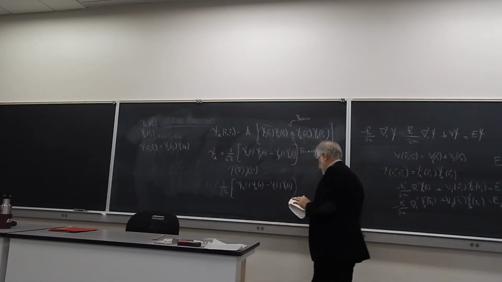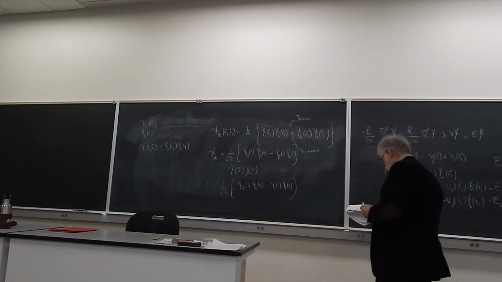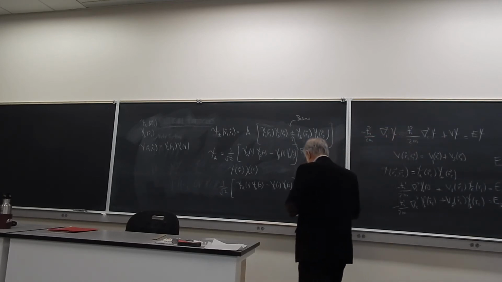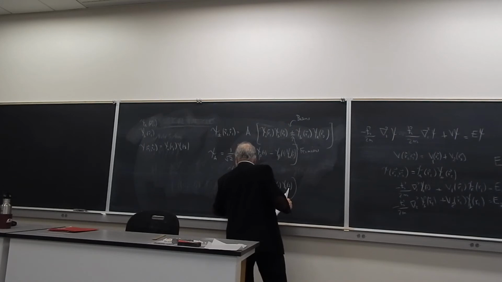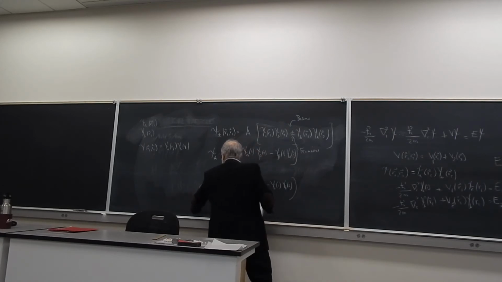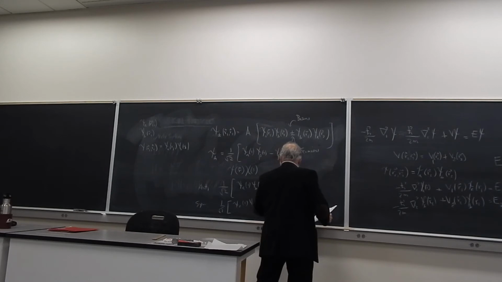Okay, so that's my antisymmetric space eigenfunction. And then my symmetric wave function would look like psi A of 1, psi B of 2, plus psi B of 1, psi A of 2.